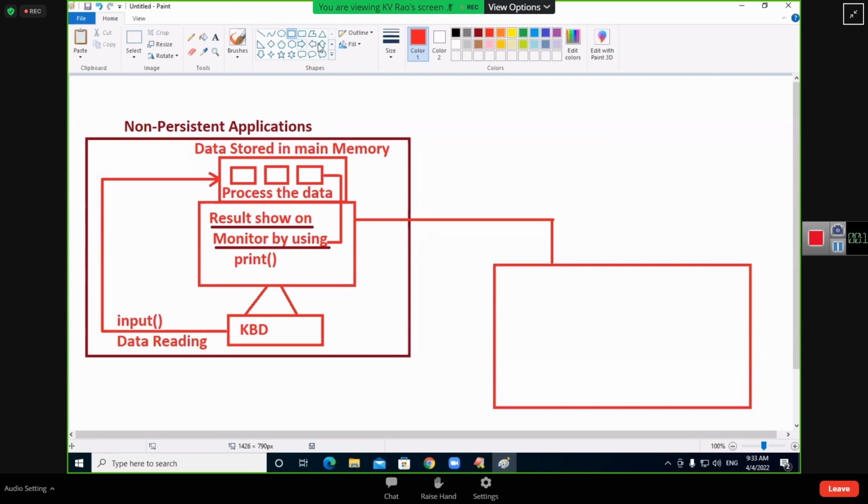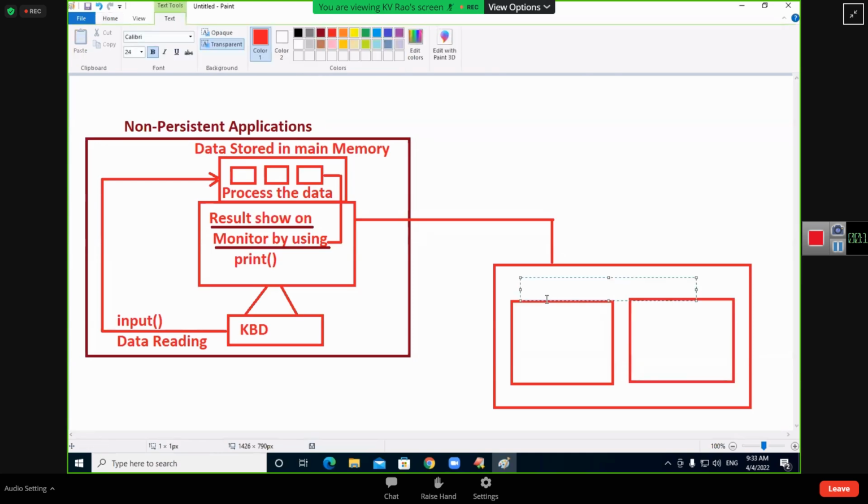What is the first approach? By using the concept of what? Files. One more approach is by using the concept of what? Database. One is files. One more is database software. It's very, very important.